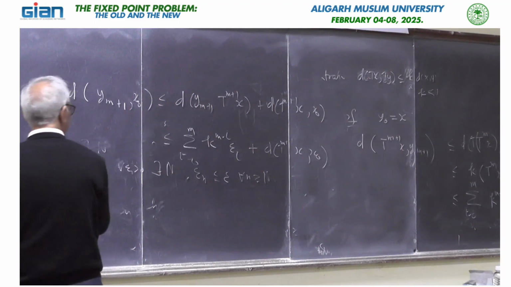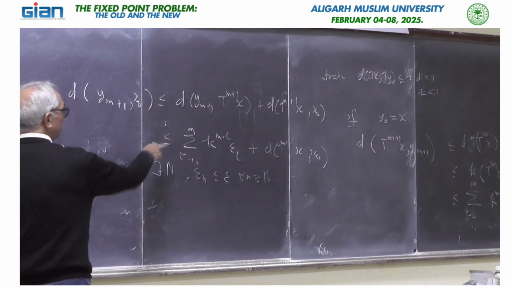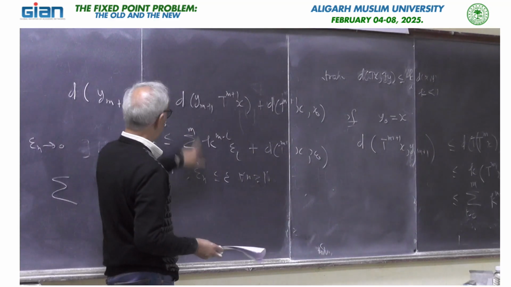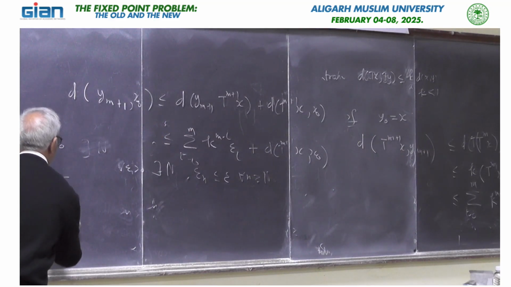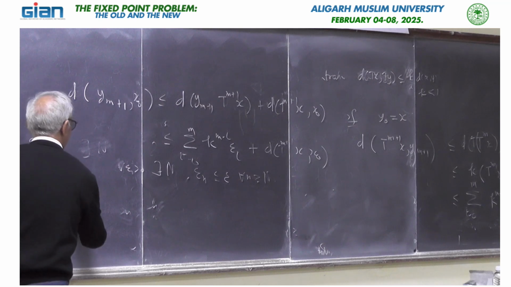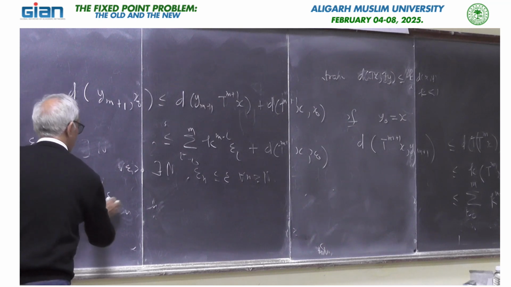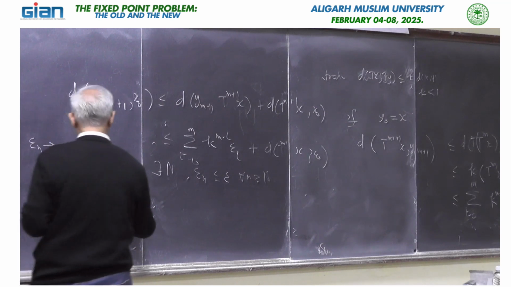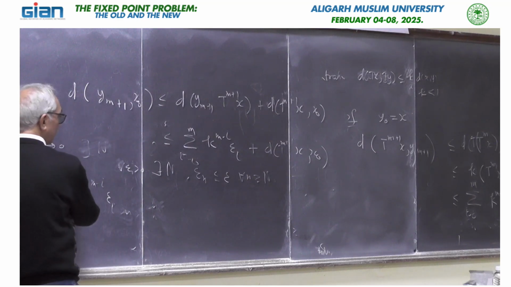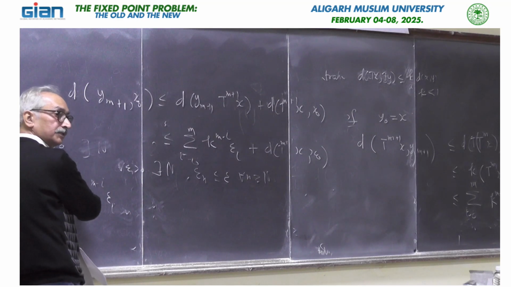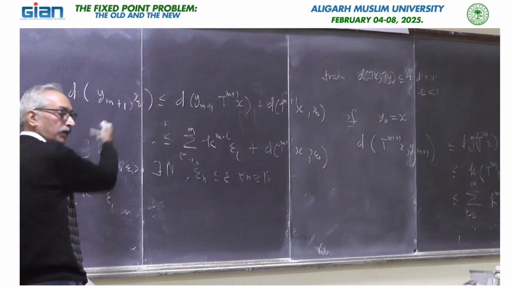So then you break this one, assuming that m is larger than this N, and the sum over i equal to 0 to m of k^{m-i} epsilon_i can be written by breaking it from i equal to 0 to capital N and then capital N plus 1 to m.